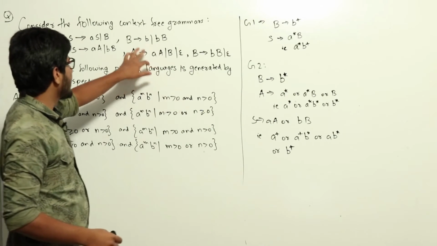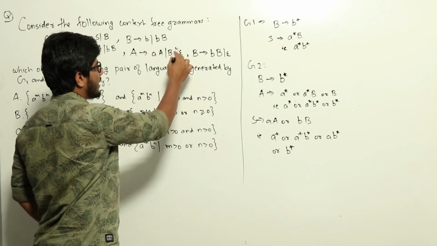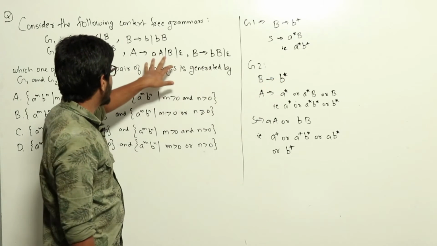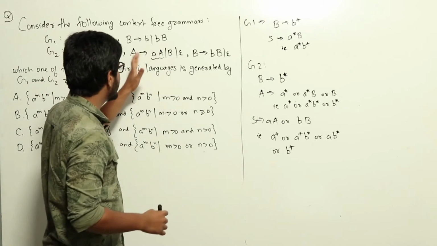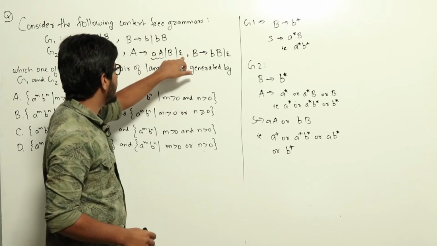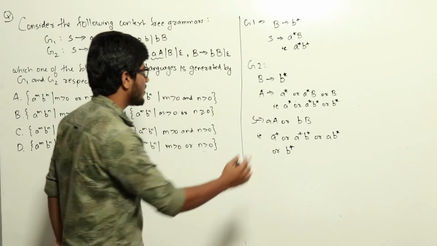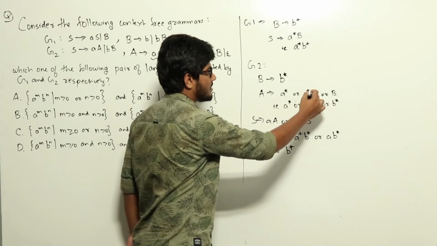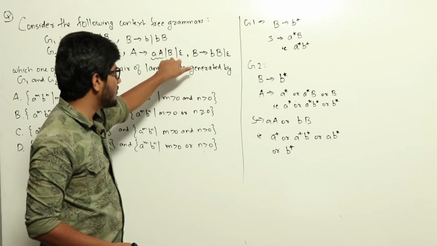Now let's take a look at A. A gives AA or B or epsilon, which means either I can directly give epsilon, that's fine, or I can directly give the variable B and B will give b star, or I can keep on taking the production aA, that will keep on generating a's at the start, and at the end there will be variable A, and that variable A I can resolve to epsilon or B. If I resolve the variable A at the end to epsilon, it will give me the strings a star, or if I resolve it to B at the end, it will give me the strings a star B, where B is a variable which we will resolve later, or I could have directly taken B at the start, which should have given me the variable B only.